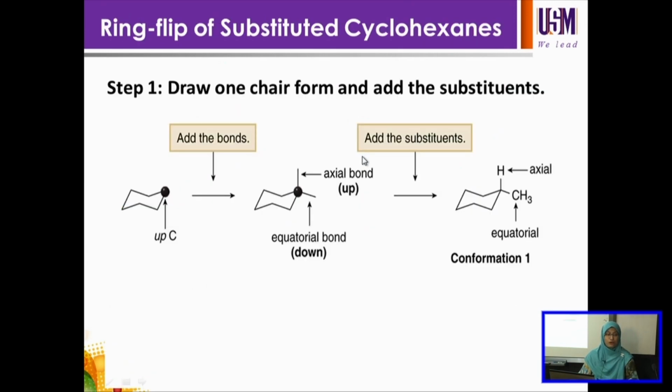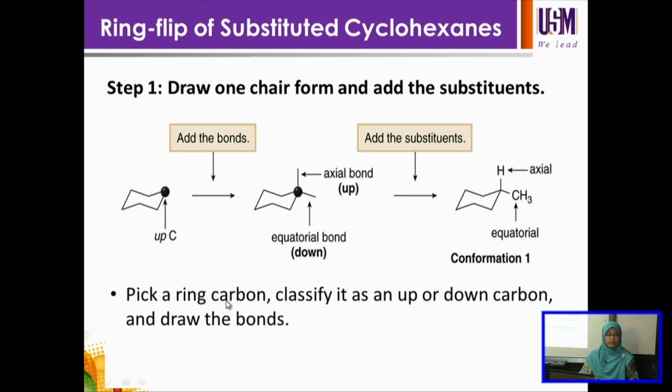To draw a ring flip, first you have to draw one chair form and add the substituents. You can pick a ring carbon, classify it as an up or down carbon, and draw the bonds.